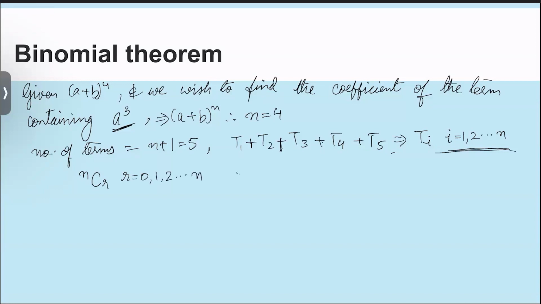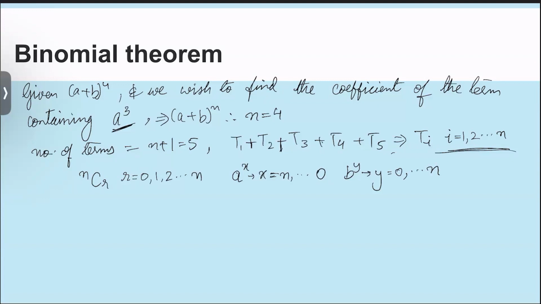Similarly, when you have a raised to x, x goes from n decreasing all the way to 0. And for b raised to y, y starts from 0 and goes all the way up to n. These are the general rules and patterns followed by the expansion.